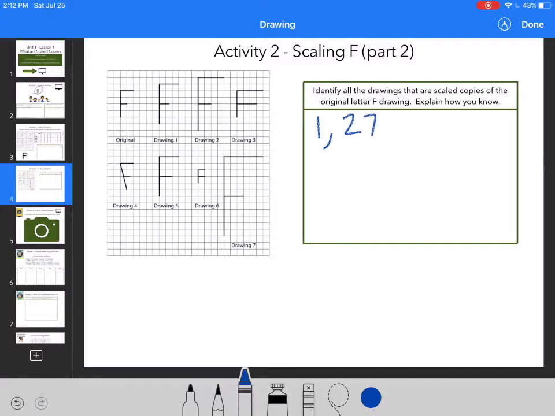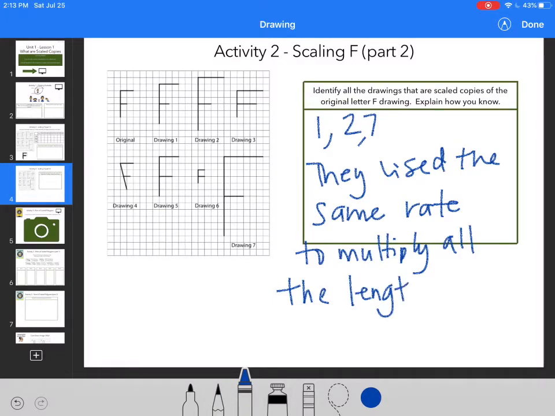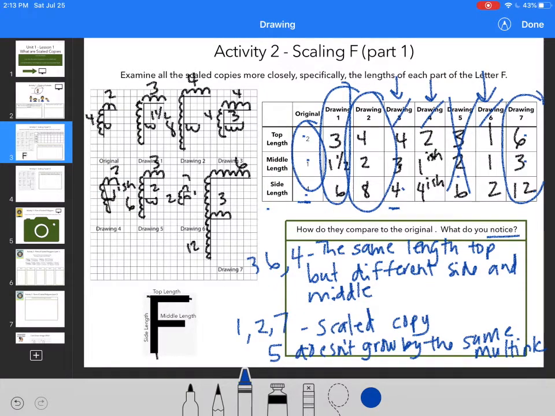So 1, 2, and 7 are scaled copies, and we know they used the same rate to multiply all the lengths of the letter F. So the first one, for example, we figured out number 1, they used a rate of 1.5.